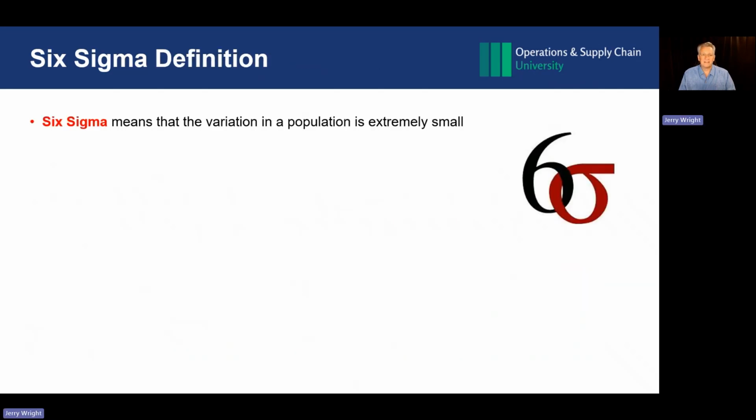So let's define Six Sigma. Six Sigma means the variation in a population is extremely small, so very little variation. A process at the Six Sigma level only has 3.4 defects out of 1 million units.